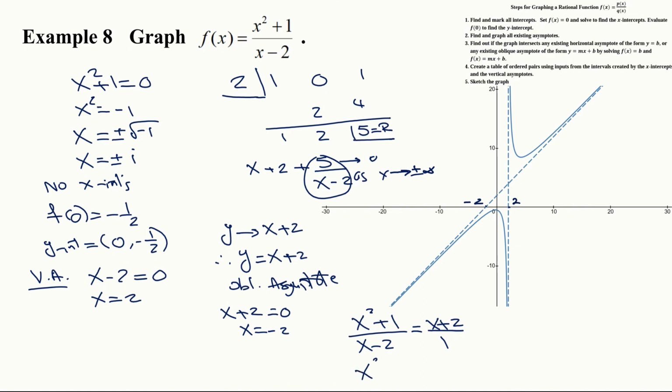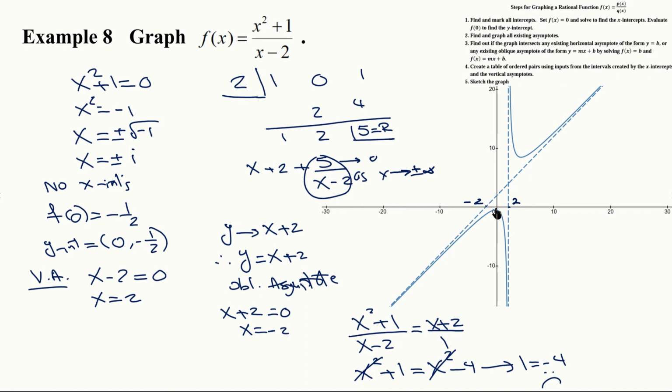So we end up with x squared plus 1 equals, now we're going to multiply these two. That's of course the product of two conjugates. So we just get the difference of squares formula, which gives us x squared minus 4. So the x squares cancel out, which ends up giving us 1 equals -4, which is of course a contradiction. So therefore that means this graph never does cross the oblique asymptote. So basically this graph is going to live between these two asymptotes.